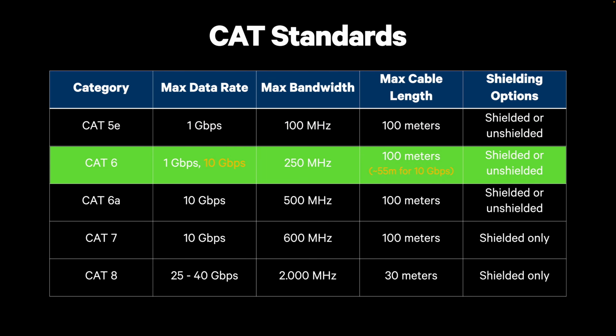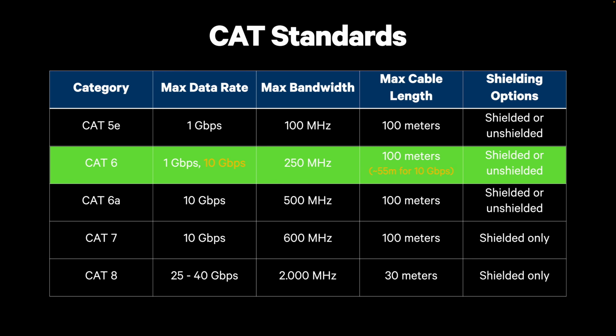So better go with the Cat6 cable, which is also specified for 1 gigabit per second, but as it increased the maximum frequency to 250 megahertz, this is able to get even 10 gigabit through it. Probably not over the maximum cable lengths, because this Cat6 is only specified for 1 gigabit per second over 100 meters.